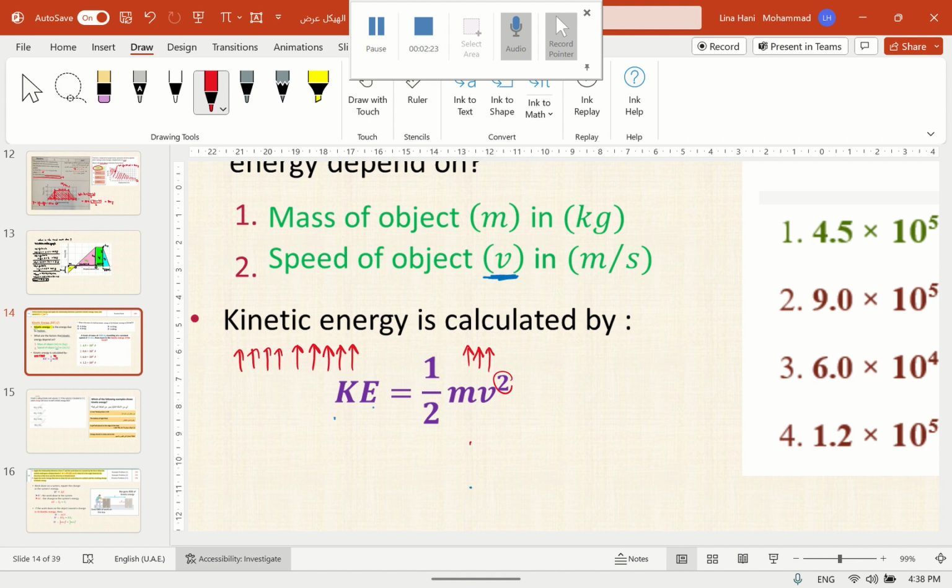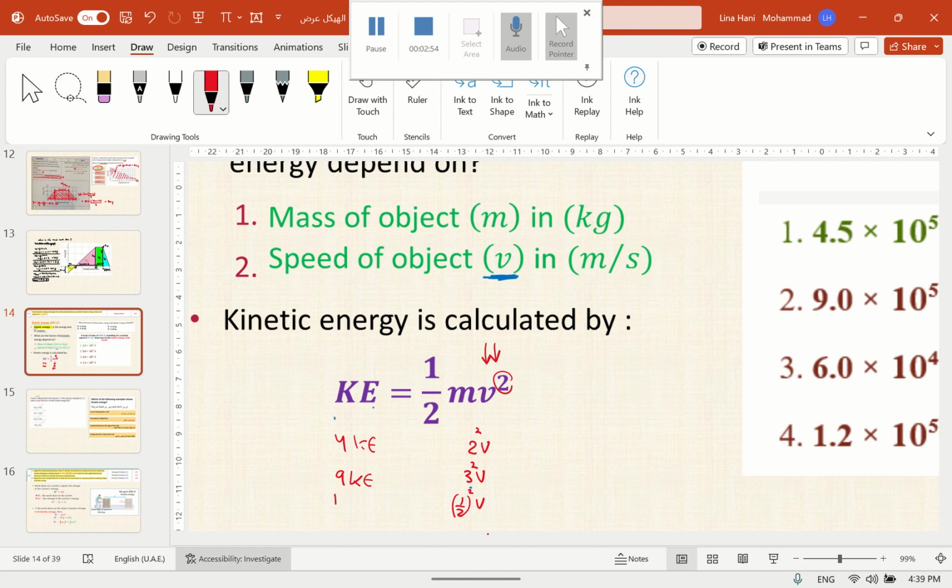So if the velocity becomes twice its amount, the kinetic energy will be 4 times its amount. If the velocity becomes 3 times its amount, then remember we have squared, so the kinetic energy will become 9 times its amount. If the velocity decreases to half, remember we have squared.